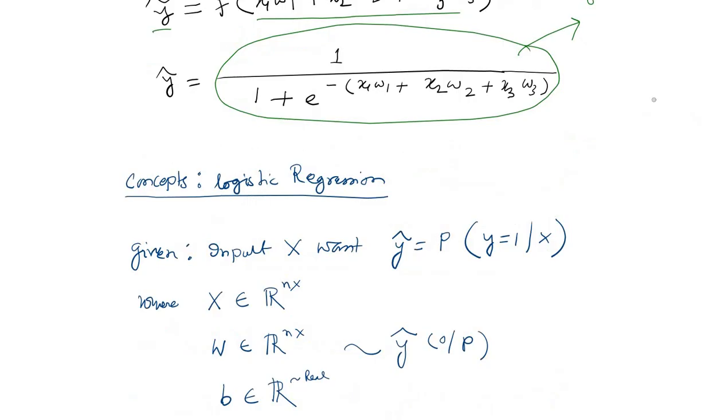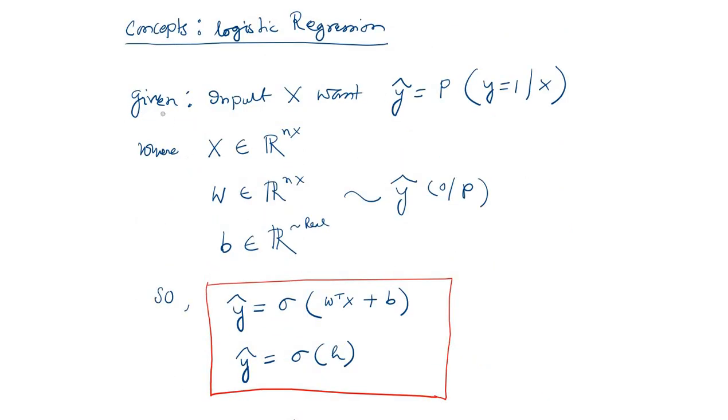Now let's come to the logistic regression concepts. Given an input x, we want y cap, where the probability of y equal to 1 given x, where x belongs to the space R of nx and w belongs to R of nx, and b is some bias, which is also a real value, providing the output y cap from this neural network.